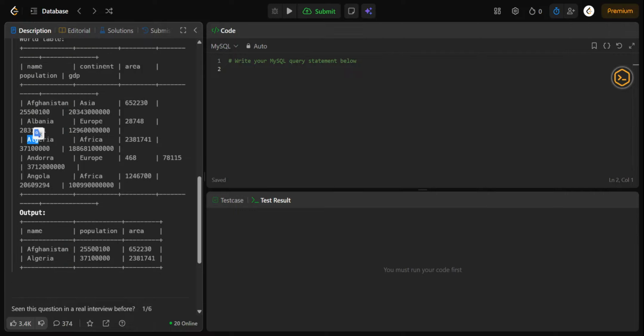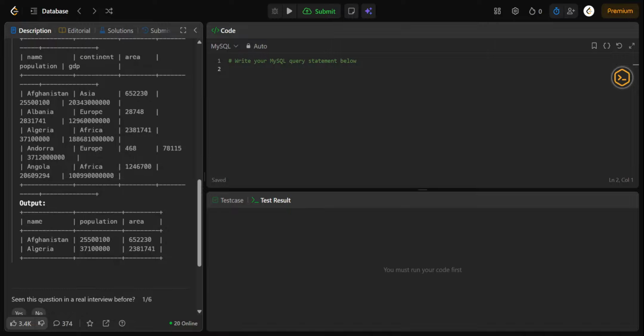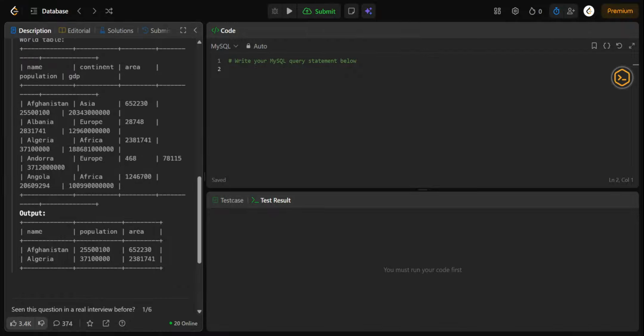Got it. Move on to the next one, which is Algeria. For Algeria, the continent is Africa, and we will check the condition: the area is 2381741. Is the area greater than 3 million square kilometers? No, the area is not greater than 3 million square kilometers, but the population is greater than 25 million.